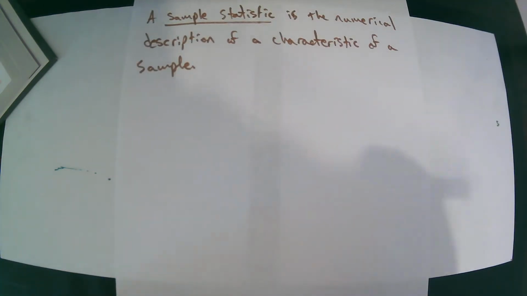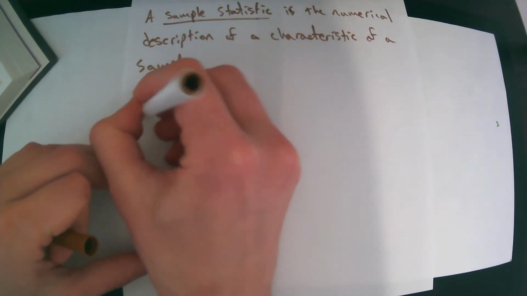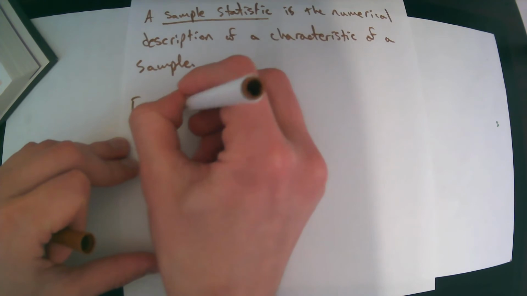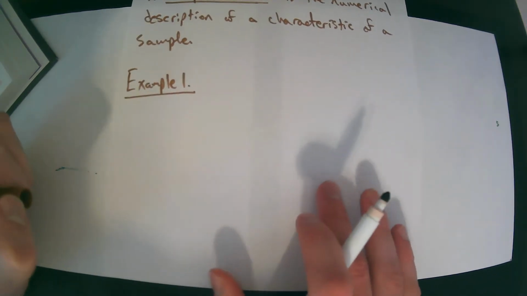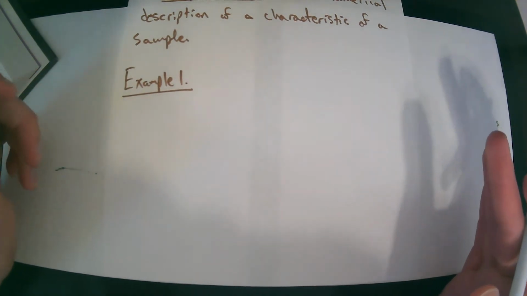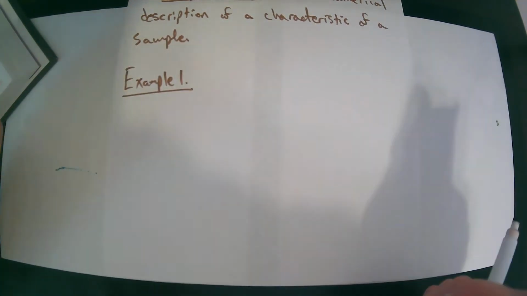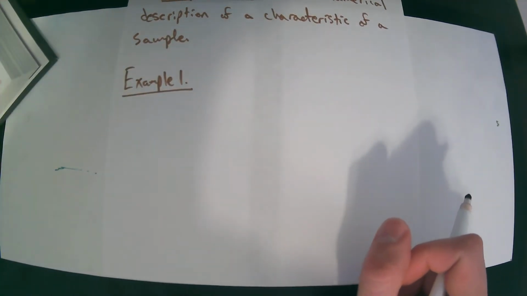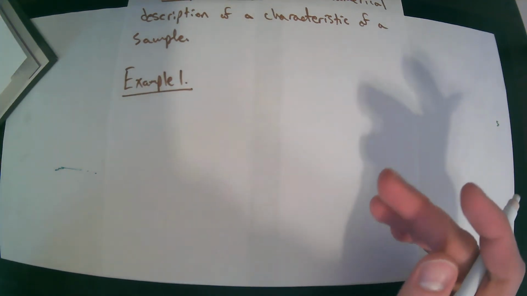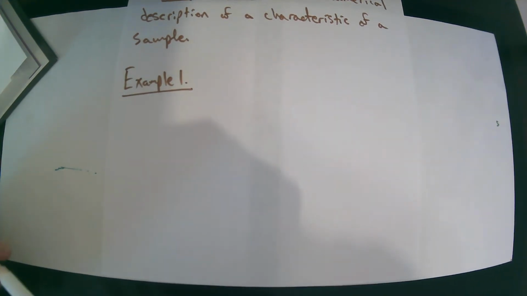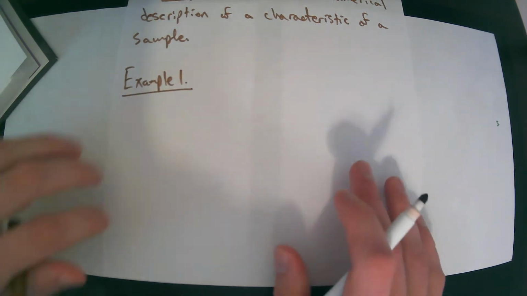So let's consider example 1, which is just going to walk through a description of a couple surveys that were given. A survey is just a way to collect data. And we'll talk about what is the population that they're measuring, what is the sample that they're actually looking at, and what are the population parameters or sample statistics in these surveys.